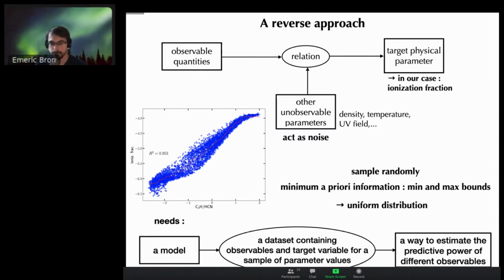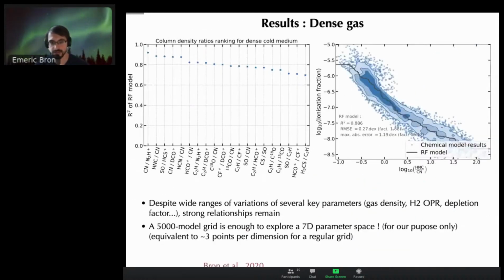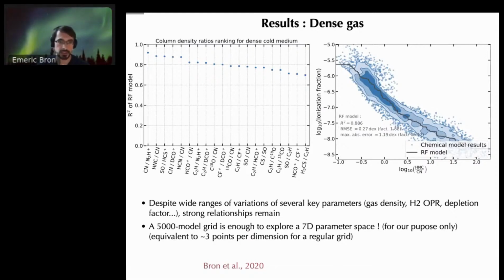And if no one else wants to ask another question, you said very fast that you needed only 5,000 models to train in a 7-dimensional space. So this was something we deduced from our study. The plot on the left, where I show the ranking, the estimate of the R-square coefficient, we don't see it on this plot, but there are error bars estimated by bootstrapping, and they are negligibly small.